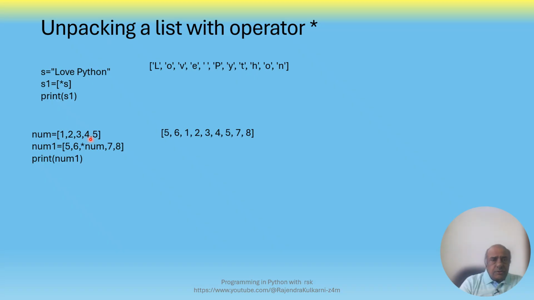So what we get is a regular unpacked list num1, where the list num and its contents appear at index 2 of num1, but not as a list but as independent numbers.